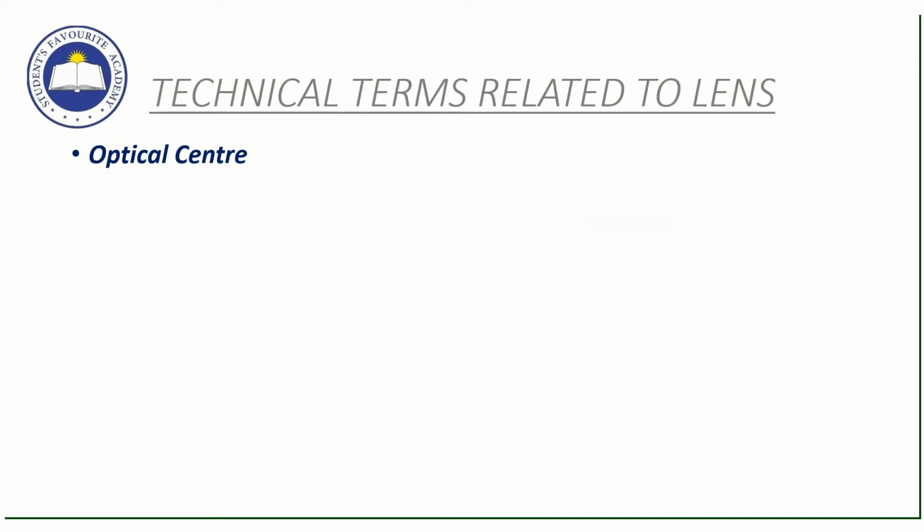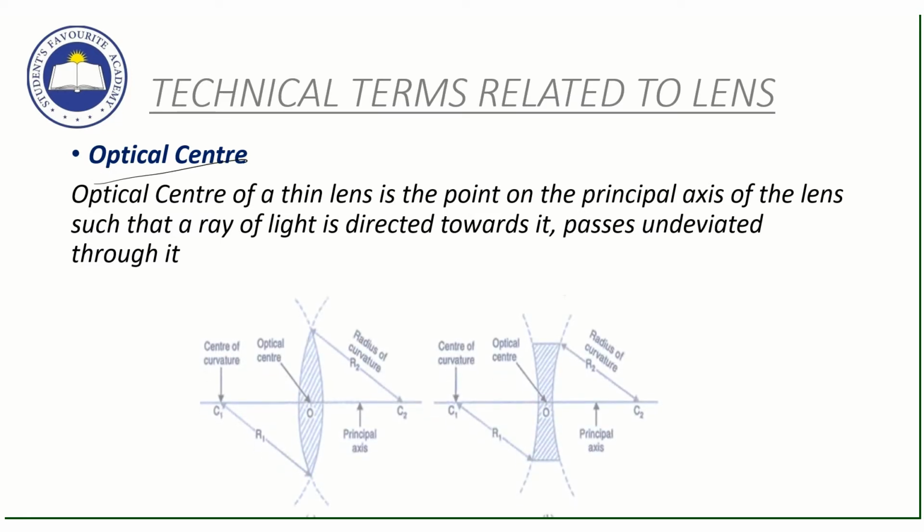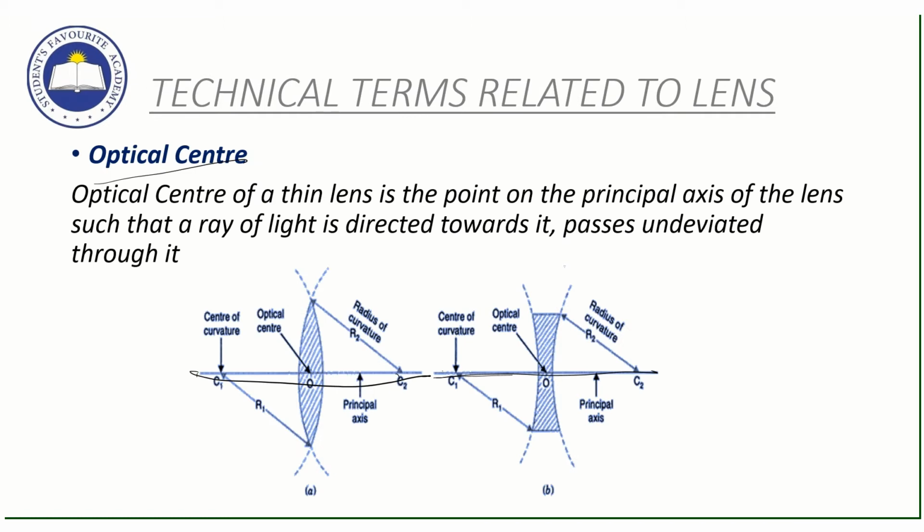Now there are some important terms related to lens. Optical center. Optical center of a lens is the point on the principal axis of the lens. This line is called the principal axis, and the optical center is the point on the principal axis which is the middle or center of the lens.